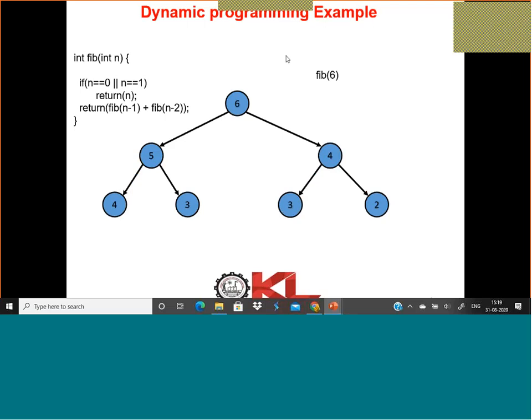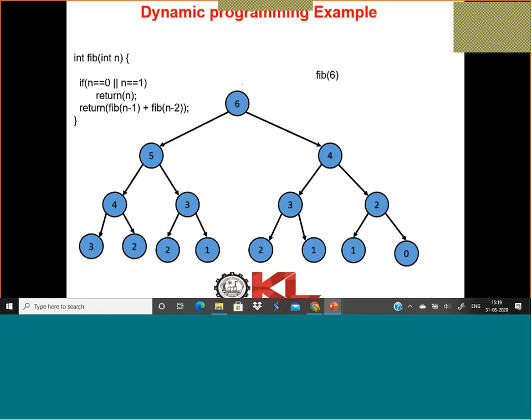So the same function Fibonacci of 6 is divided into 5 and 4. If I want to compute the value of Fibonacci of 6, I must compute the Fibonacci of 5 and Fibonacci of 4. Again, to compute the Fibonacci of 4, I call Fibonacci of 4 and Fibonacci of 3. Similarly, for the other Fibonacci of 4, I invoke Fibonacci of 3 and 2.